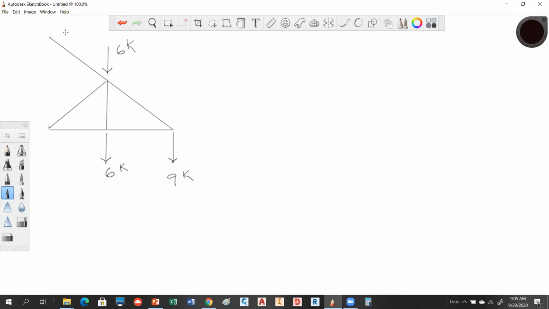And up here, we have a reaction. There's a pin, and you could have a roller down here. And let's give you some distances.